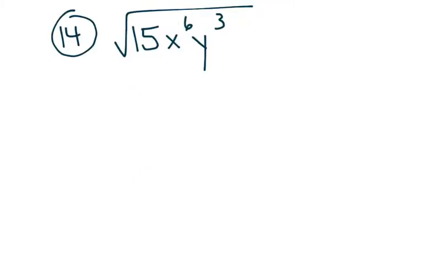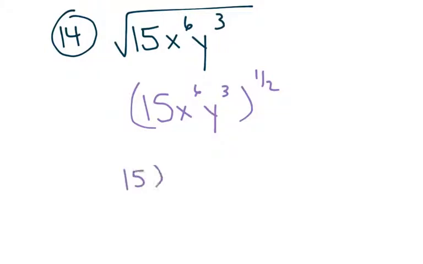In number 14, they want me to write the square root of 15x to the 6th y to the 3rd in exponential form. So, a square root is the same thing as raising to the 1/2 power. Well, then I'm going to distribute that 1/2 to everything inside. So I'm going to raise the 15 to the 1/2 power.